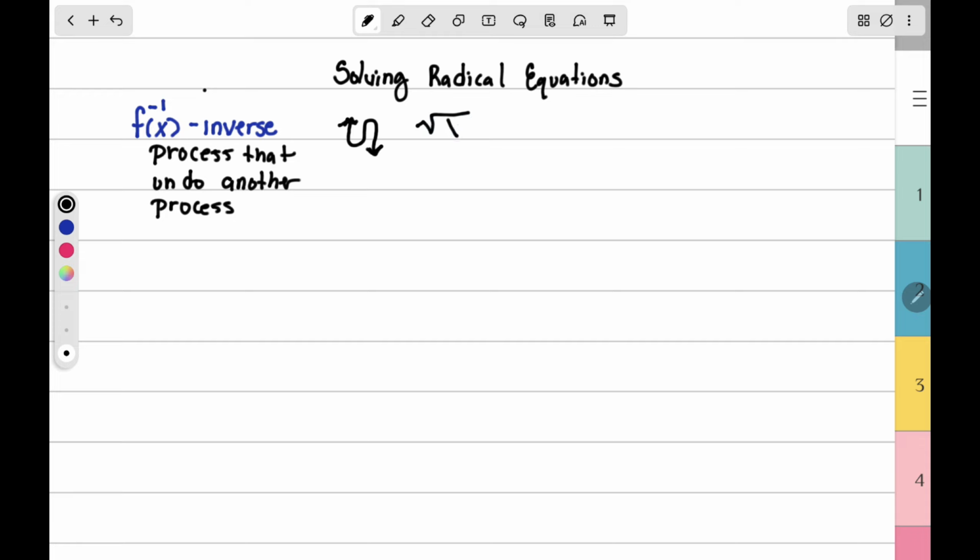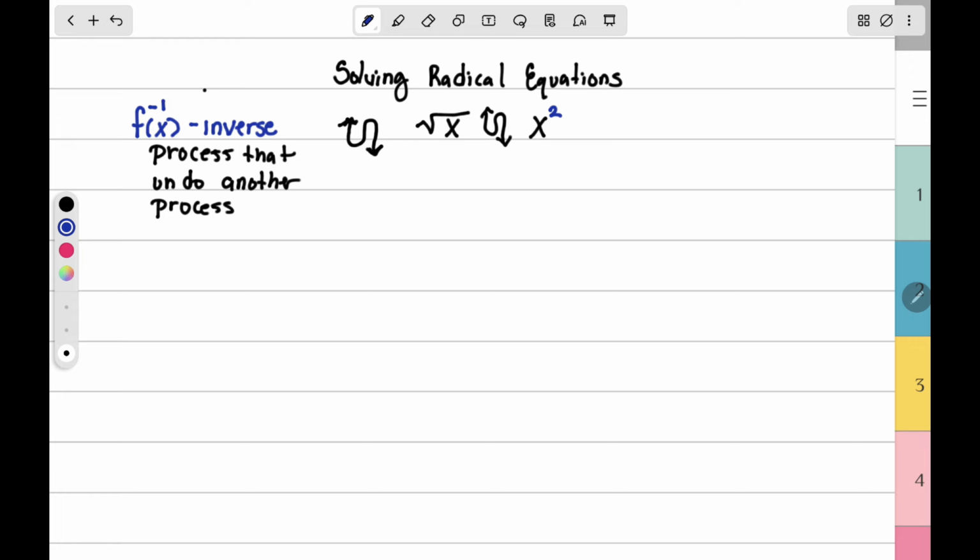Anyway, so just starting off, you need to know that the square root of something can be undone. The inverse, put my little made up symbol here, the inverse of a square root, we'll take that same letter, is squared.